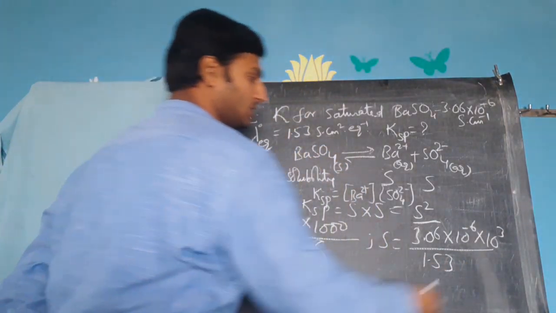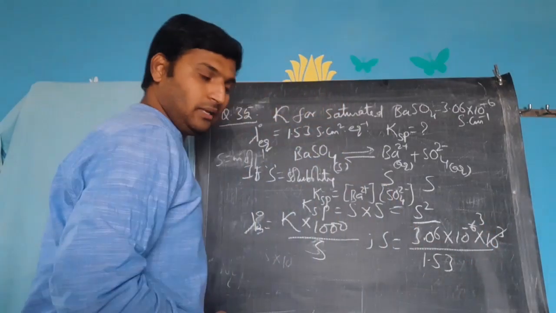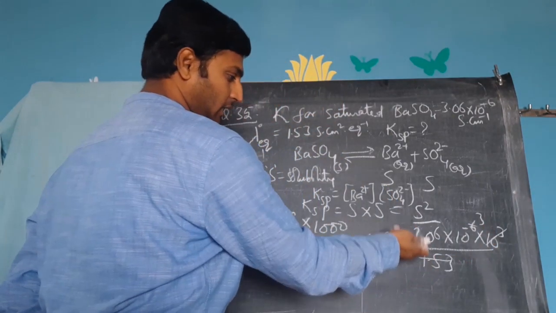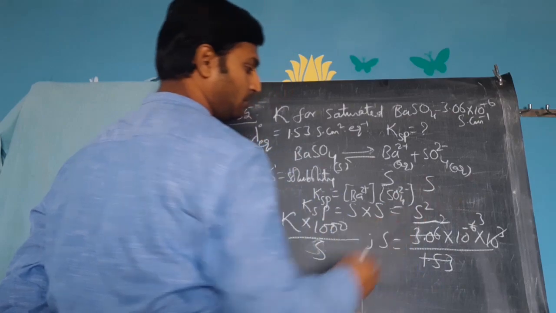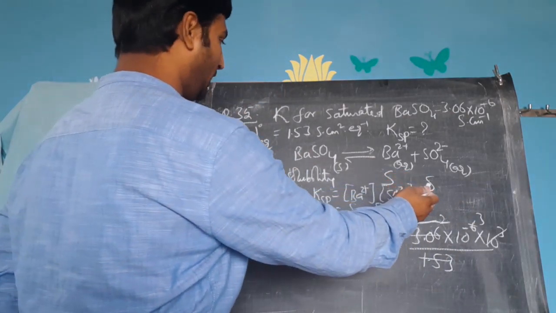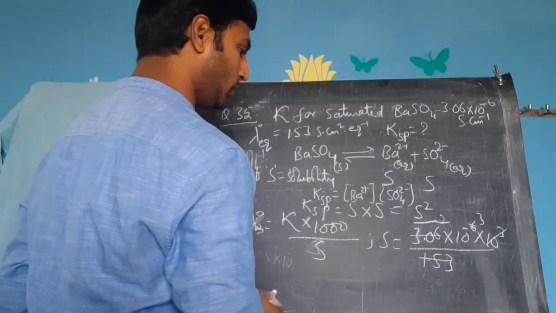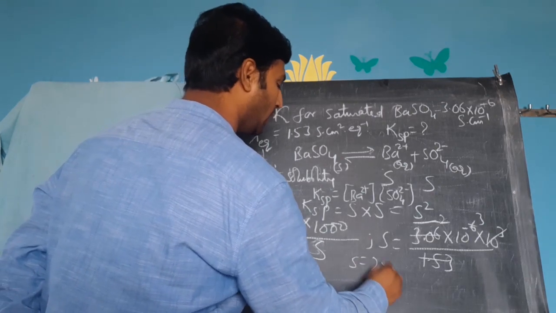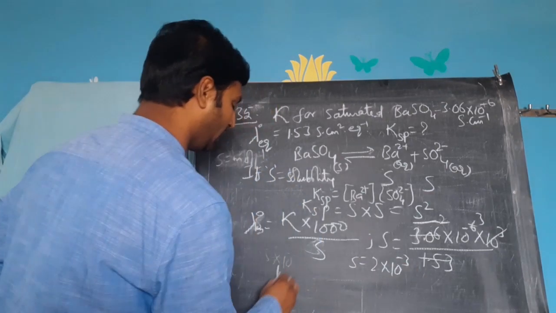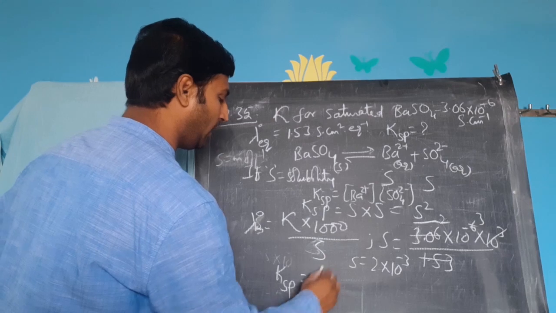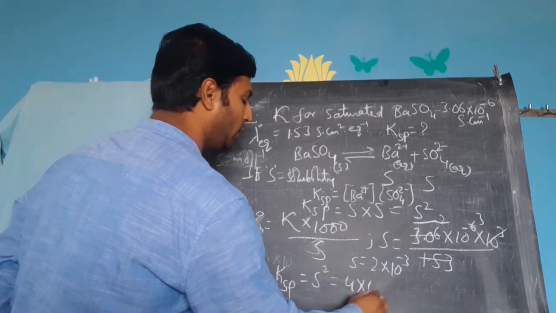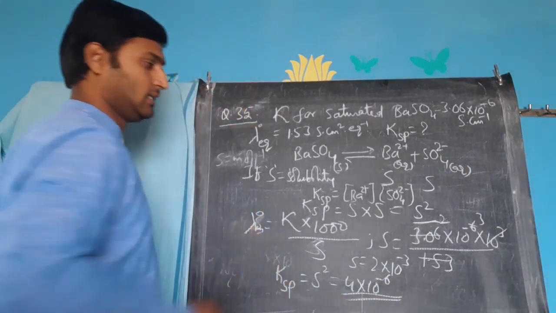Simplify it and get your answer. 10 power minus 3 will be left. 1.5 will divide 3 two times approximately. So 2 into 10 power minus 3 is the solubility. Now you want the solubility product, S square, that will be 4 into 10 power minus 6.